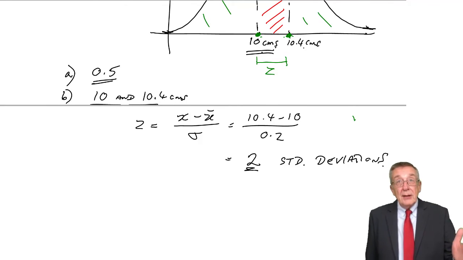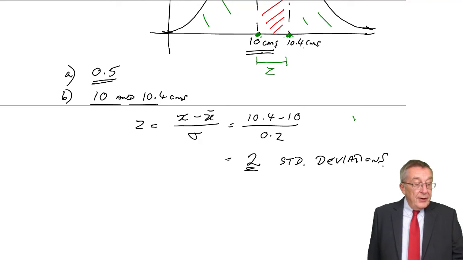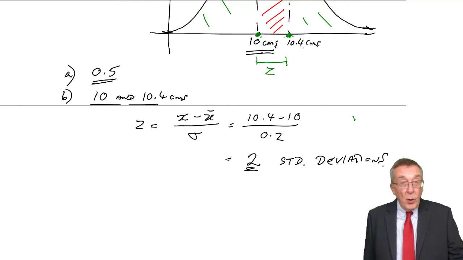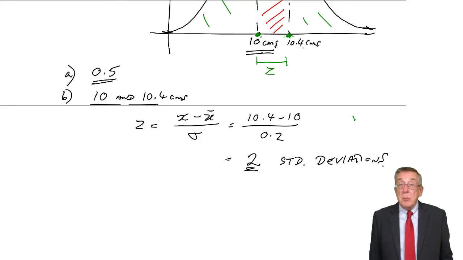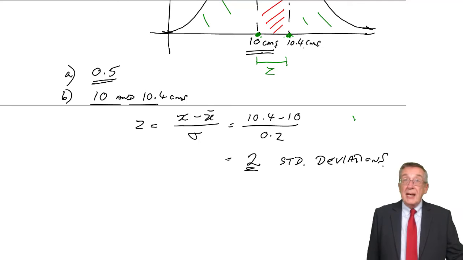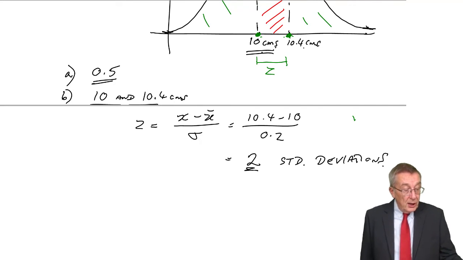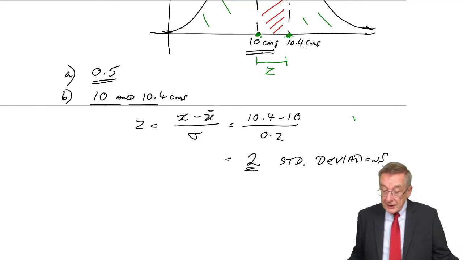And as you go along the columns, well, the first row is 0.00, 0.01, 0.02. The second row is 0.10, 0.11, 0.12, and so on. Well, what do I want? I want 2.0.